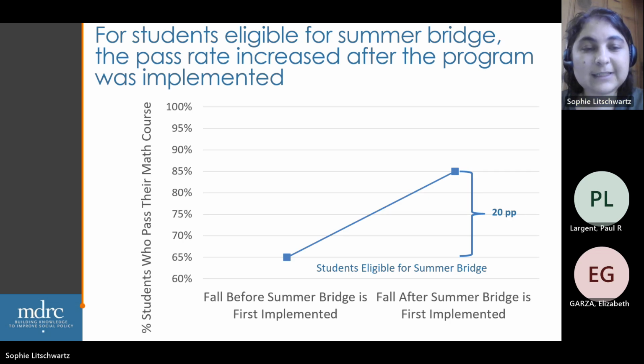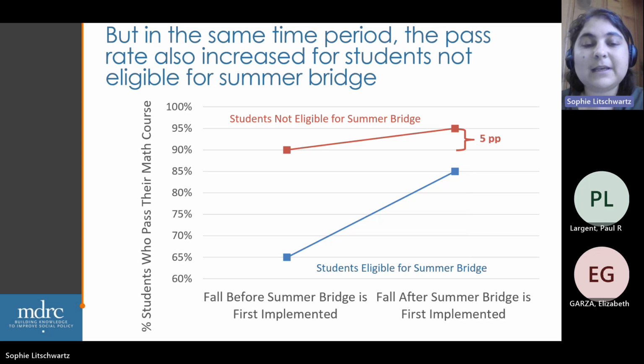So let's say I have my students eligible for my summer bridge program, and I look at the pass rate of their first year, their first college math course after the program was implemented. In the fall before summer bridge is implemented, they had a 65% pass rate. In the fall after, it's an 85% pass rate.